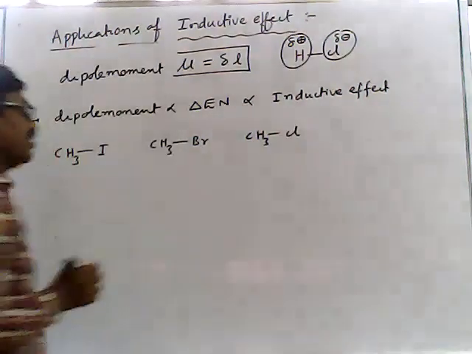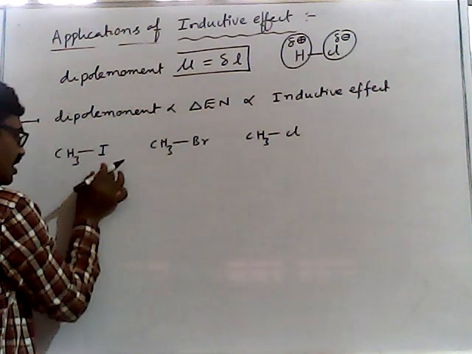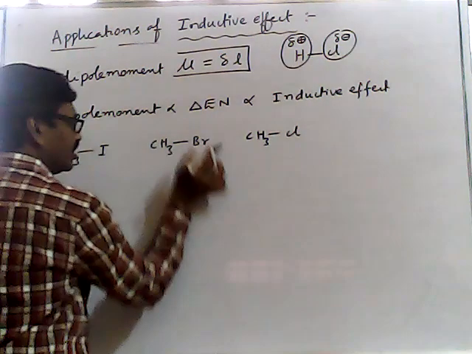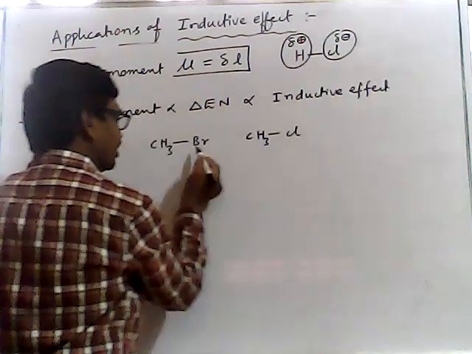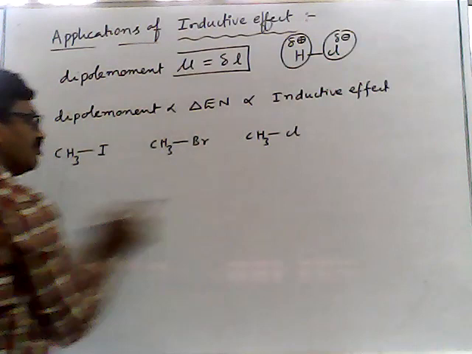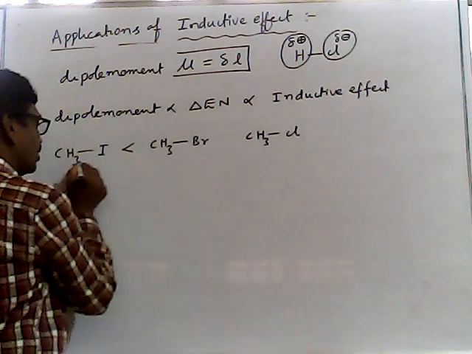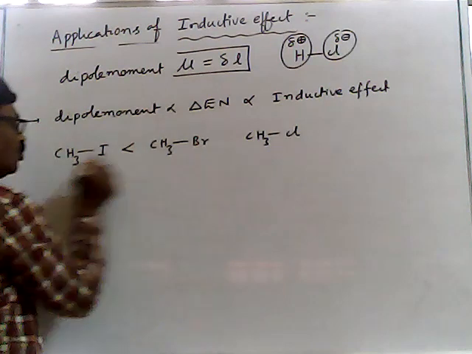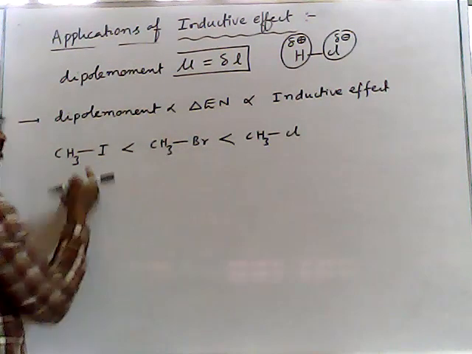Among these, iodine has less electronegativity than bromine, than chlorine. Chlorine has more electronegativity than bromine, than iodine. The adjacent group is the methyl group, common for all. So the dipole moment is more for methyl chloride than methyl bromide, than methyl iodide.